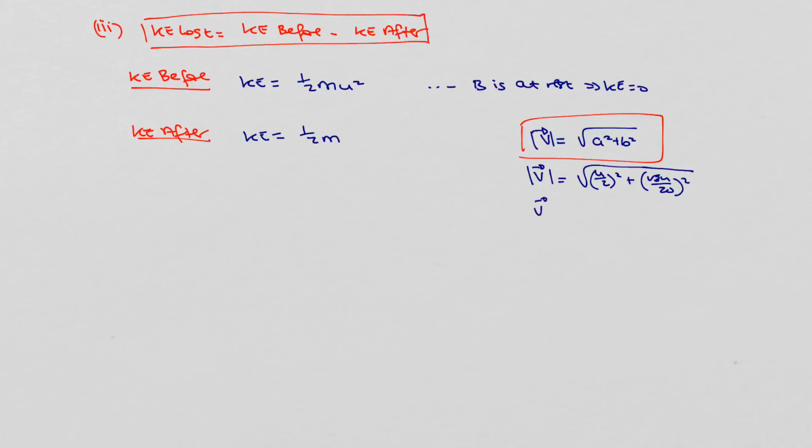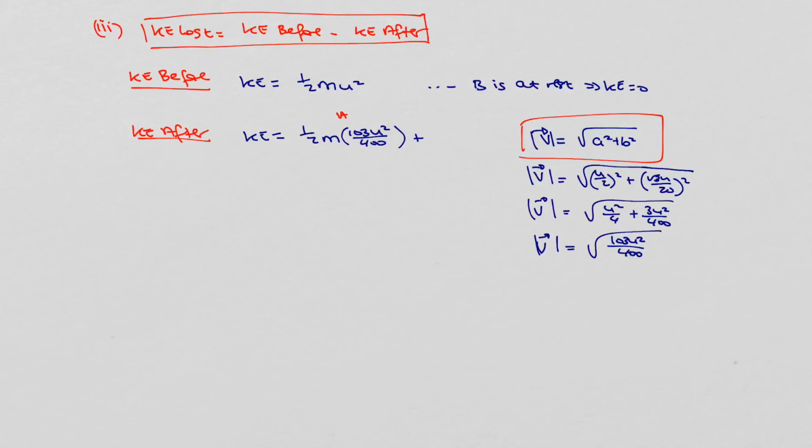So the magnitude is the square root of u squared over 4 plus 3u squared over 400, which simplifies to the square root of 103u squared over 400. If I square that, it just gets rid of the square root sign, so that's 103u squared over 400 for sphere A.